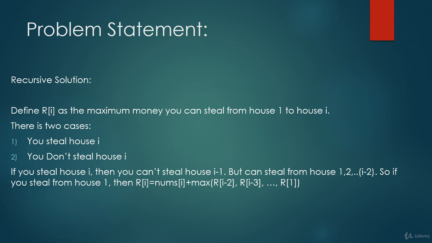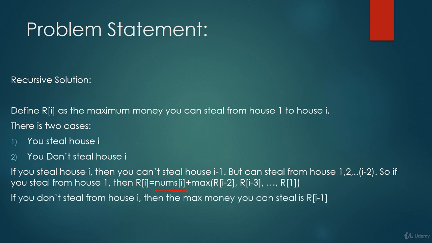So if you steal from house I, then the maximum money that you can steal from house 1 to I is nums[i], the amount of money you can steal from this house, plus the maximum of R_(i-2), R_(i-3), all the way to R_1. So the maximum money that you can steal from houses 1 to I minus 2.